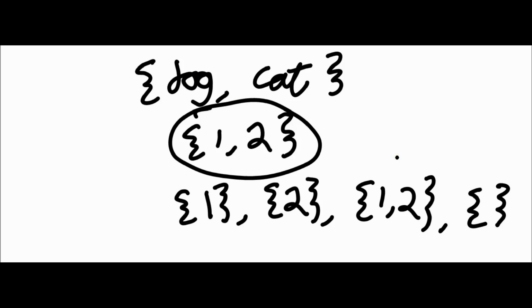And so if we put some curly brackets around these things, what we have here is the set of all subsets of the set containing 1 and 2. So this is the kind of thing we're going to think about today. We're going to think about the collections of subsets of sets.